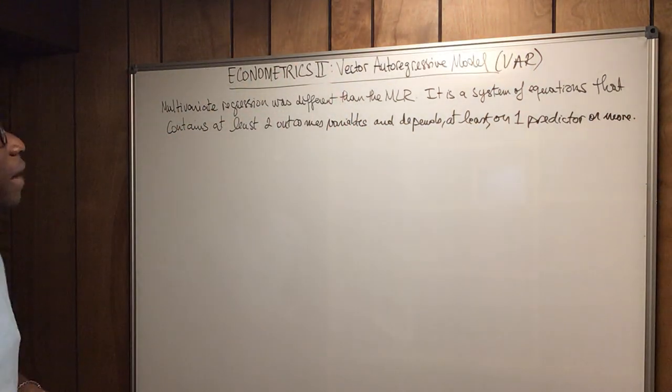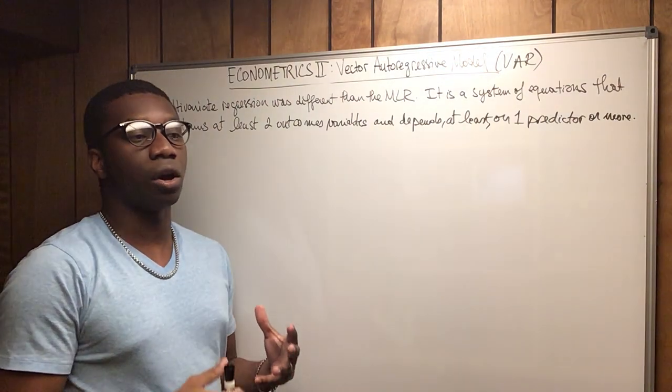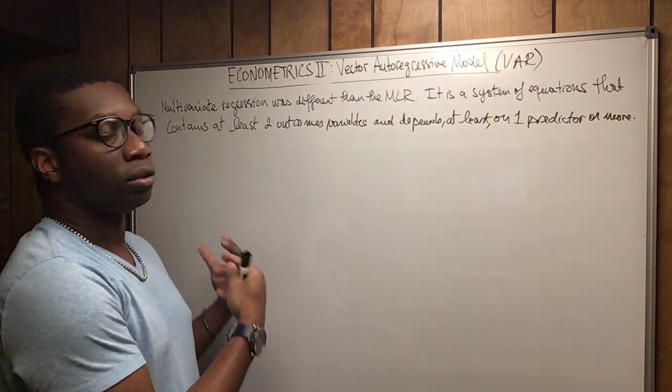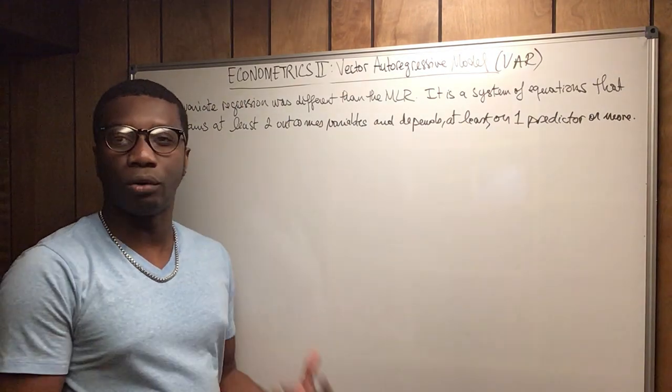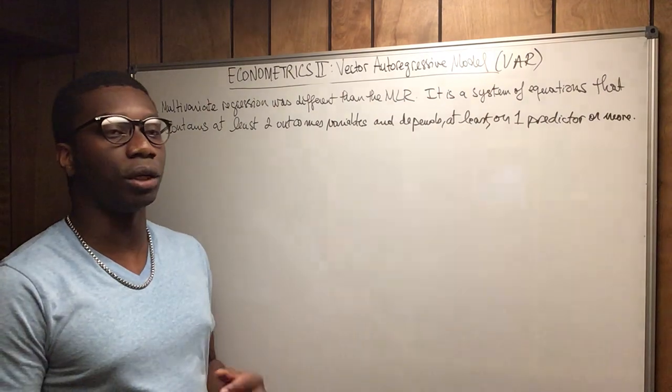So the multivariate regression can be a system of equations of many simple linear regressions, or it could be a system of equations of many multiple linear regressions.